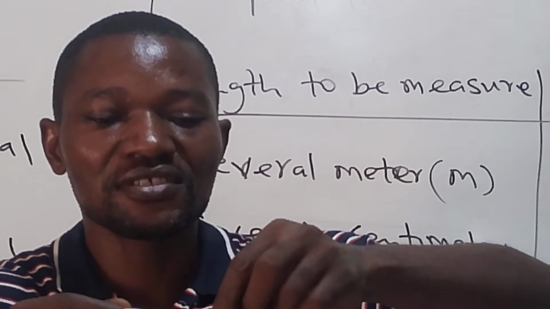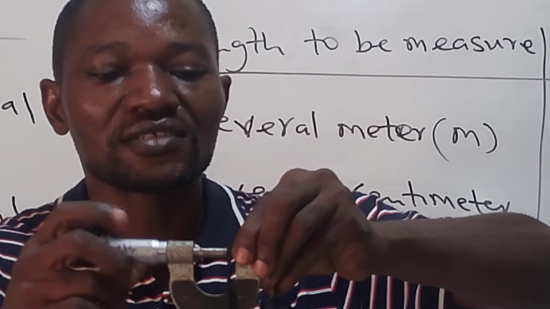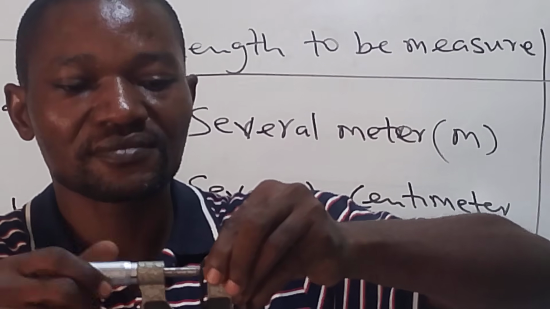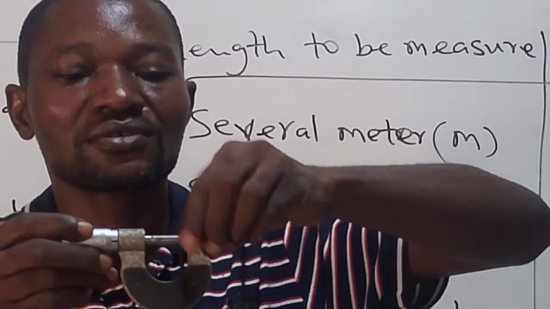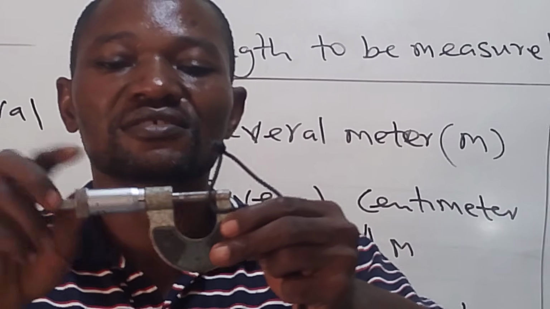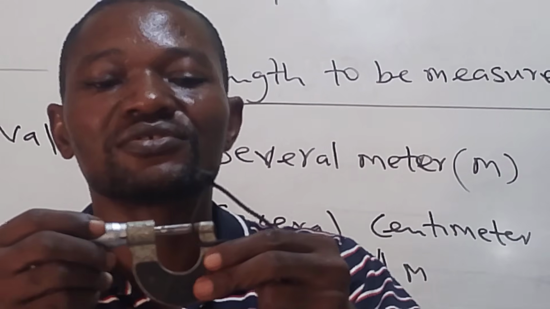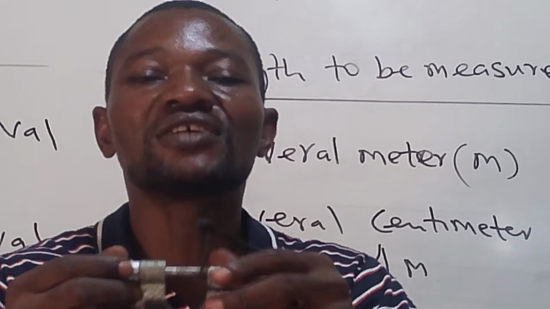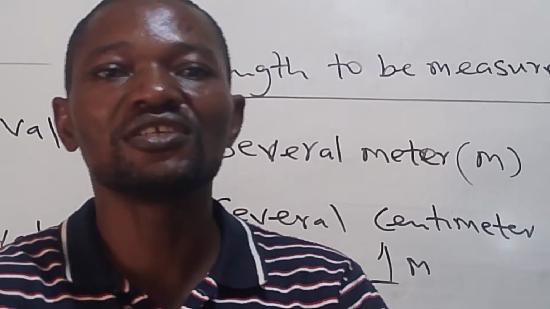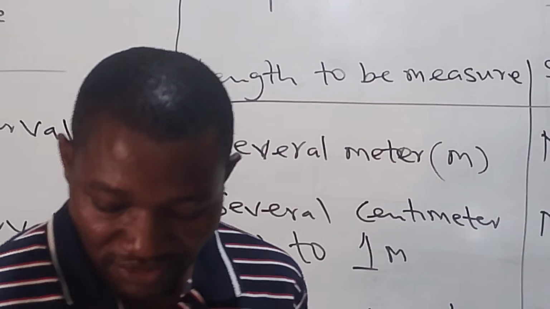You can insert screw until the anvil clips to it firmly like this. Then you can take your reading on the main scale and on the thimble scale as well. So this is how we use the micrometer screw gauge for measurement.